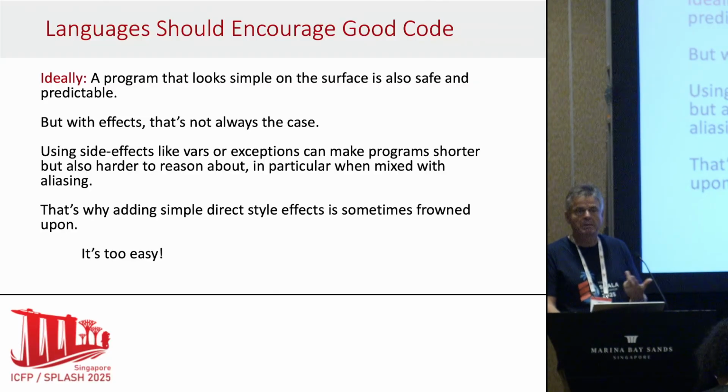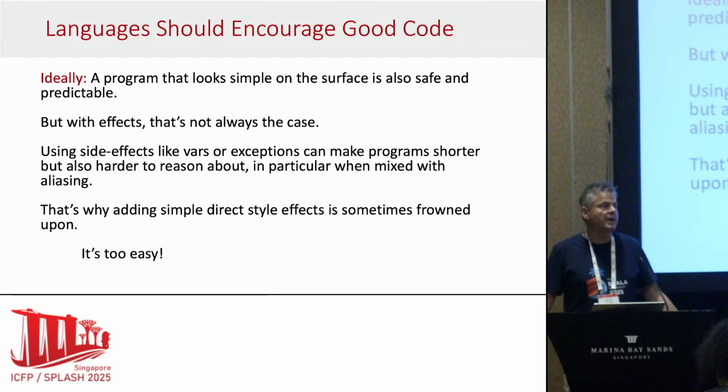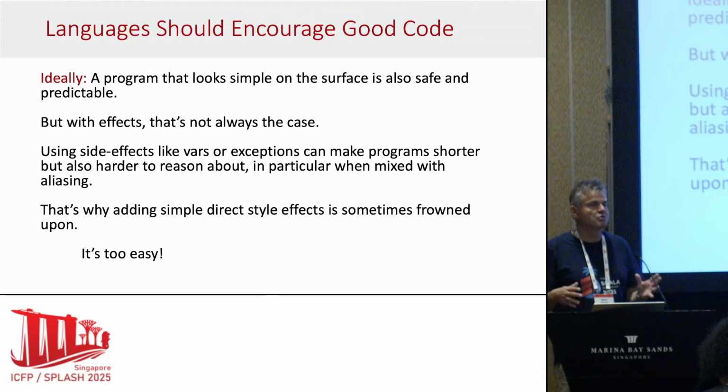The simplest and maybe even most readable version is actually not very safe. So using side effects like vars or exceptions can make programs shorter, but also harder to reason about, in particular when we mix it with aliasing. And that's why adding simple, direct style effects in Scala is sometimes frowned upon. It's too easy to do things that might be problematic later on.